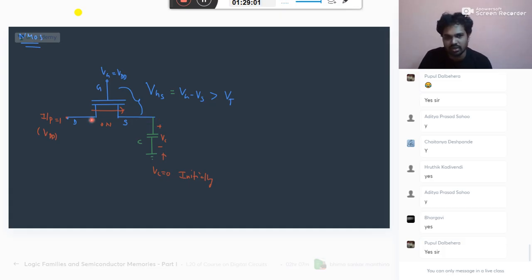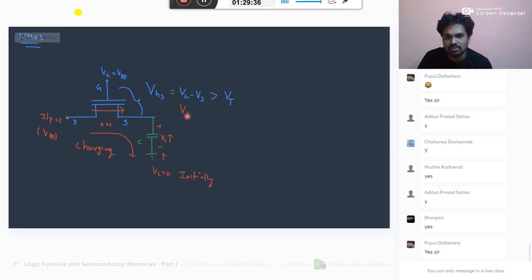So now, after giving this 1 through some resistance in this path, the capacitor starts charging. The voltage across the capacitor starts increasing. It increases, but there is a limitation.